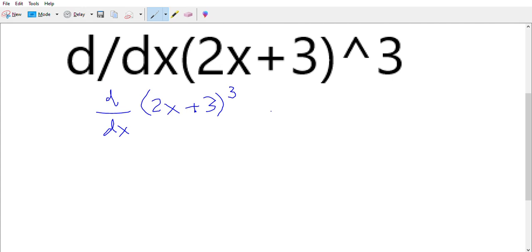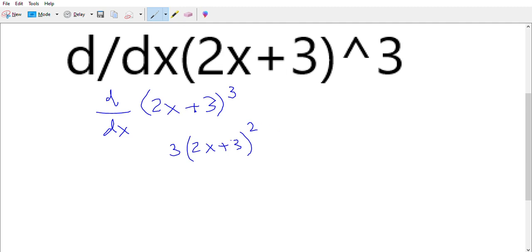Now with the chain rule, it's not that hard. First, just use the exponent rule. So basically, you would multiply 2x plus 3 times 3. And then you subtract 1 from the exponent, so 3 minus 1 is 2.